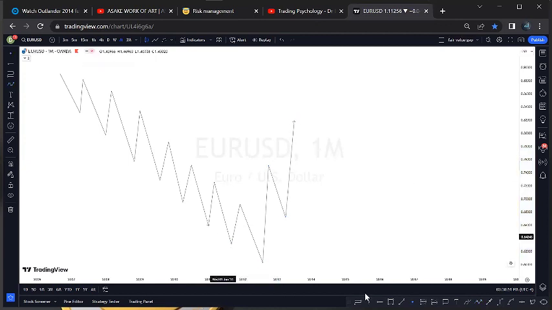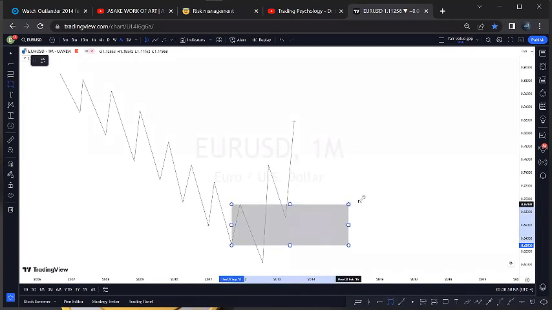So this right here is a clear confirmation that they have shifted the market from a bearish sentiment to a bullish sentiment. It is as simple as that.